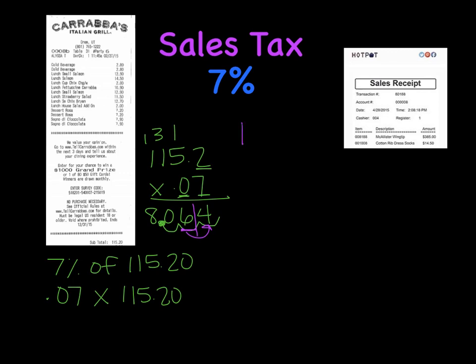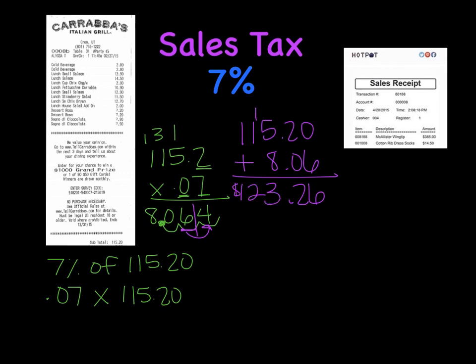So my bill was already $115.20, and then I'm going to add my $8.06 for sales tax, and my total bill would be $123.26. Now, when you get older, you're going to realize that there might be a faster way to do this.